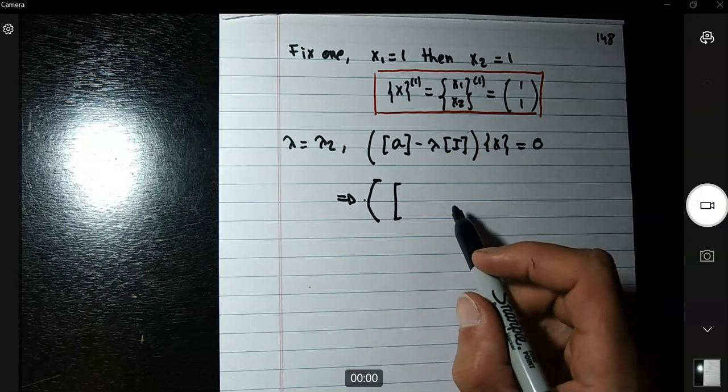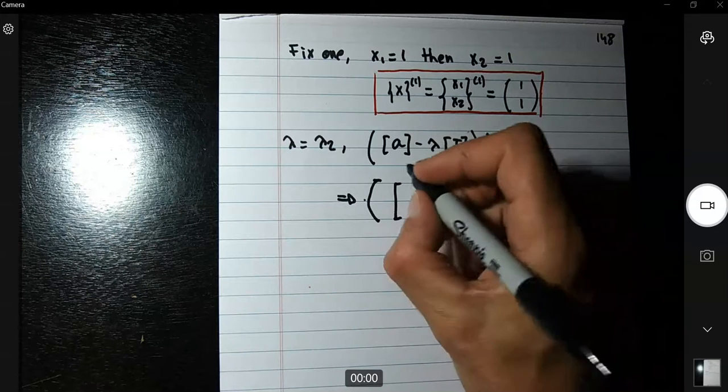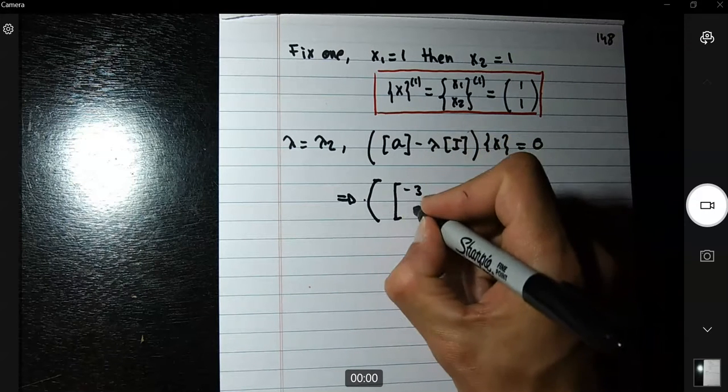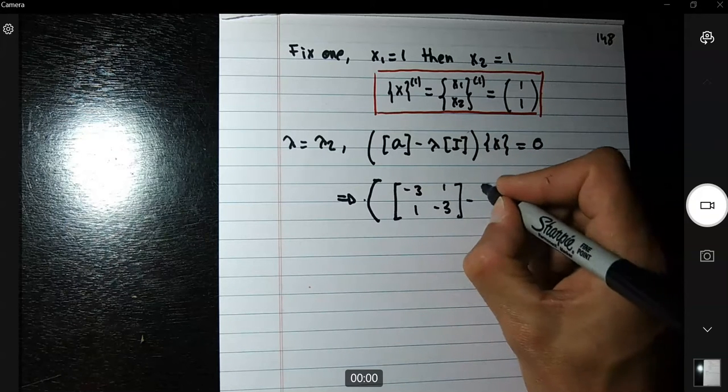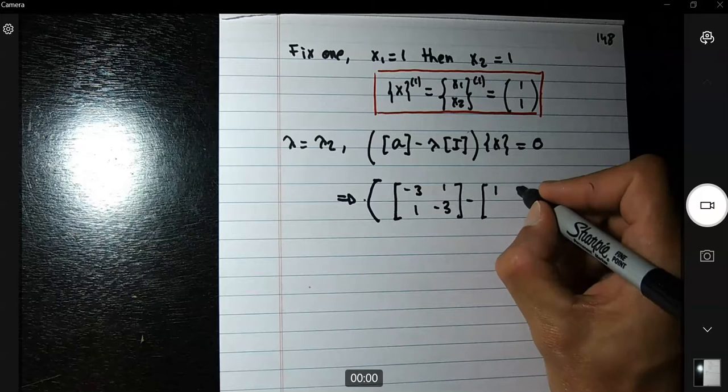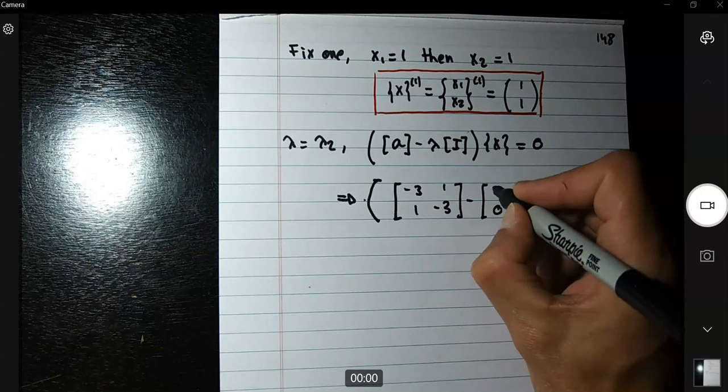This will yield minus 3, 1, 1, minus 3, minus the identity matrix 1, 0, 0. Oops.